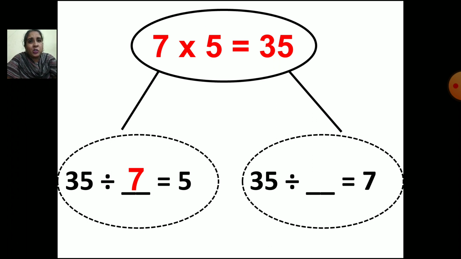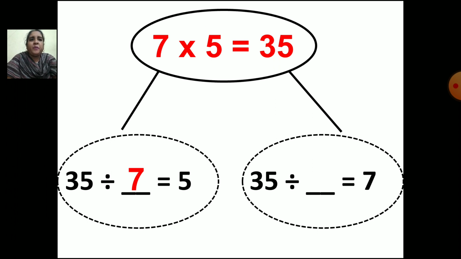In the second question it is written the other way, 35 divided by dash equal to 7. Here the numbers are interchanged. So you have to say the table of 7 now. 7 ones are 7. 7 twos are 14. 7 threes are 21. 7 fours are 28. 7 fives are 35.